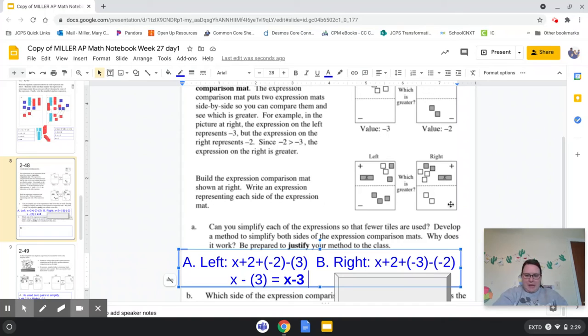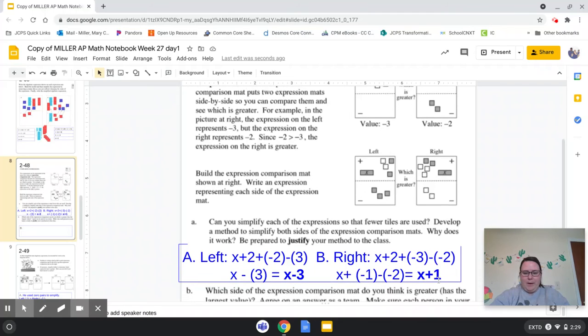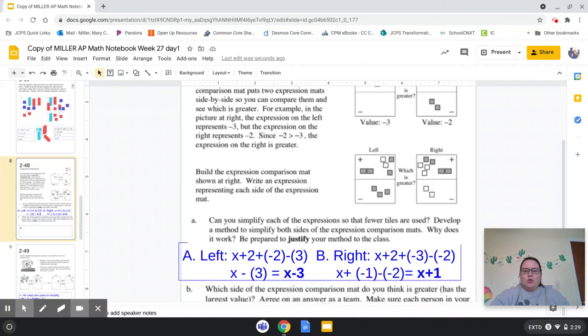On the right side, once we simplify, we take our zero pairs, we flip, we make more zero pairs, etc. We get x plus a -1 after we do our zero pairs, and then the opposite of -2, which ends up as x plus 1. So the left is worth x minus 3, and the right is worth x plus 1.